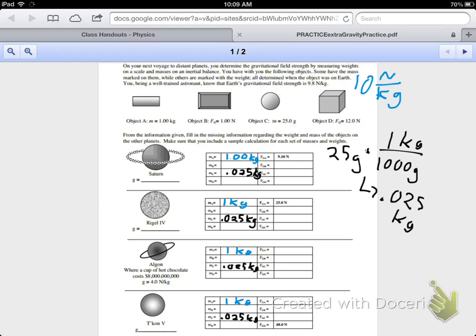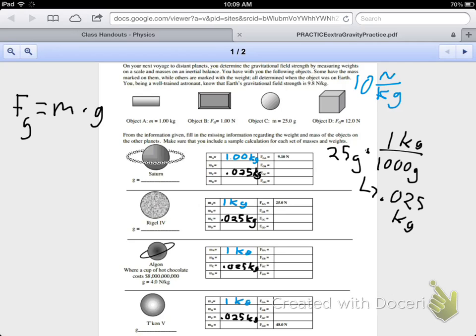So now these other 2 objects, object B and object D, these were given their weight in newtons. So remember, the force due to gravity equals the mass of an object times the gravitational field strength.